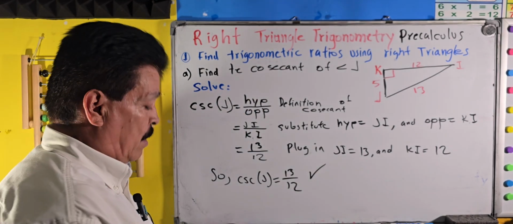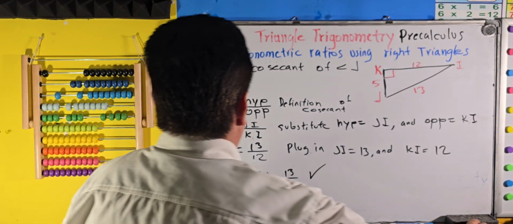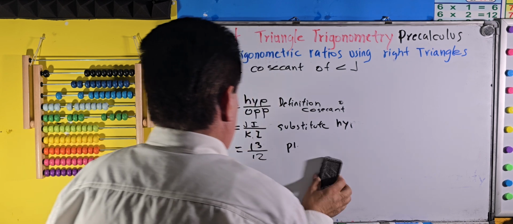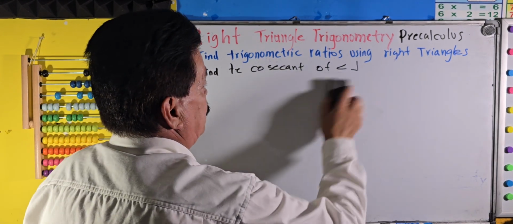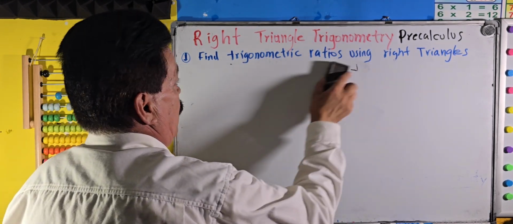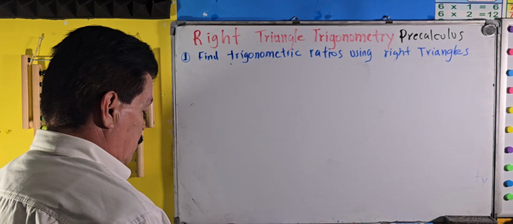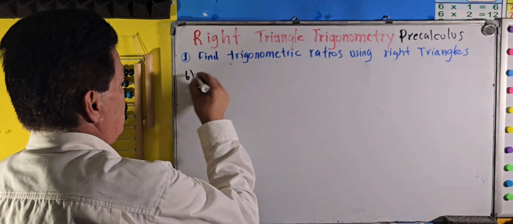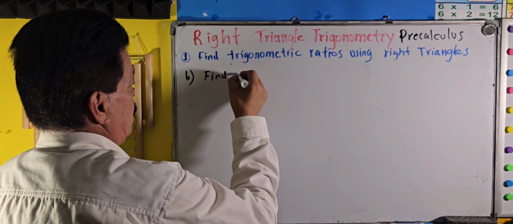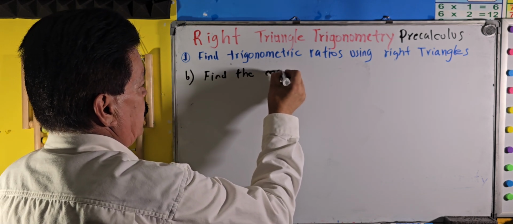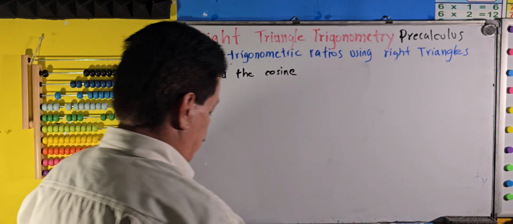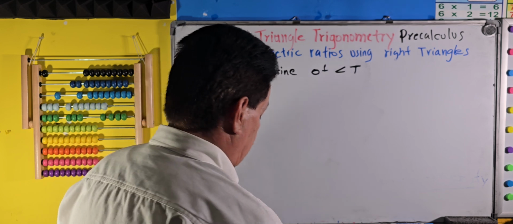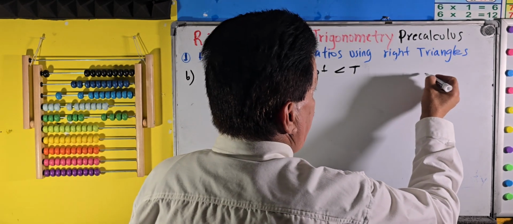Let me show you one more problem belonging to this topic. Now let's write: find the cosine of angle T. Let's make a picture of the triangle.